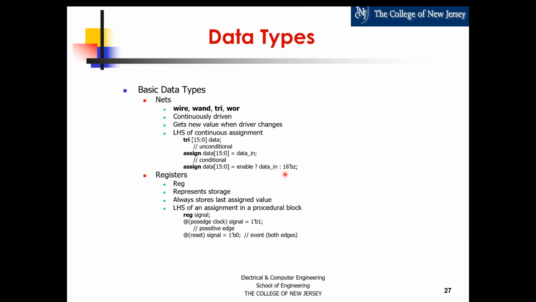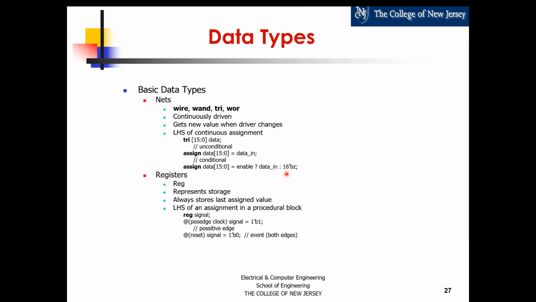We're going to see a number, an apostrophe, a letter, and a constant value, which could be 0, 1, or Z. Z means high impedance, an open, an electrical open. So remember that we're dealing with hardware, so we have this way of modeling these things.